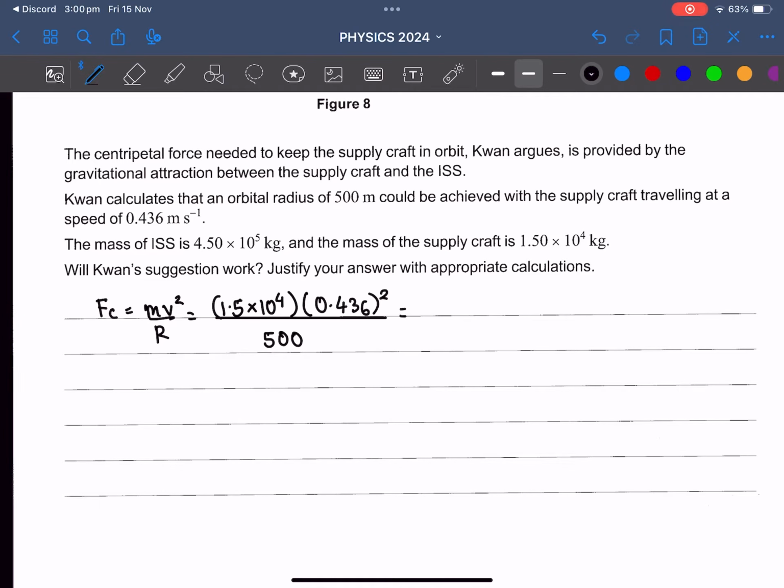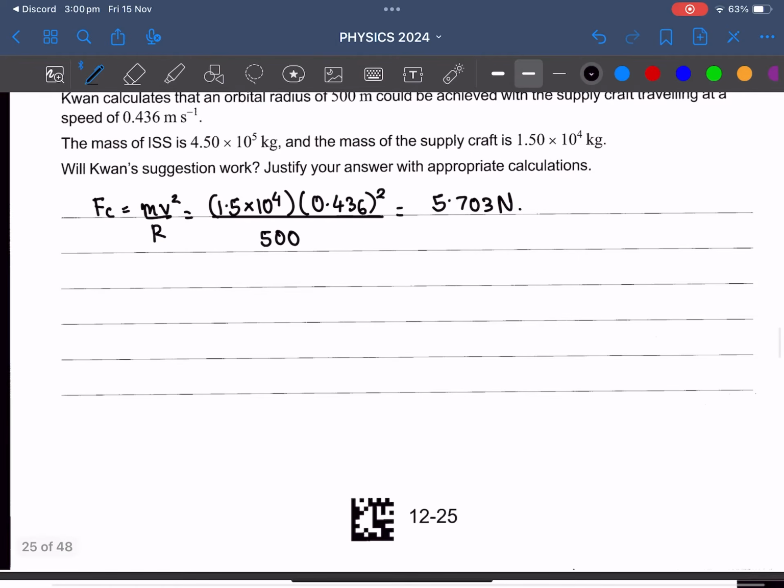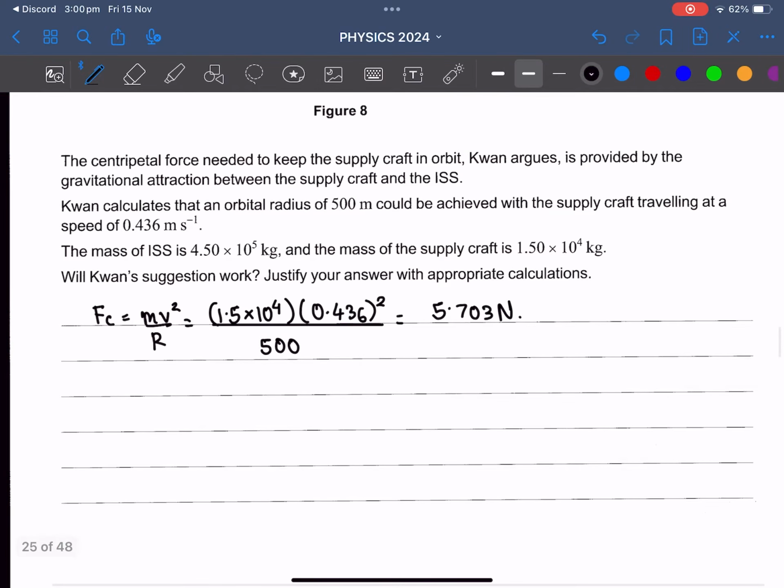So 1.5 times 10 to the power of 4 times 0.436 squared, divided by 500, gives 5.703 newtons.